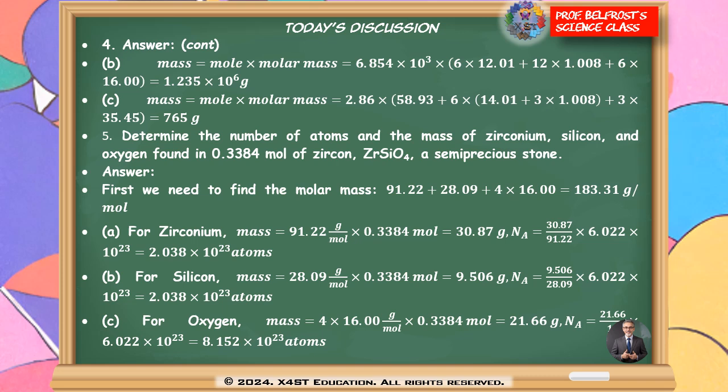That's the mass of the 4 oxygen atoms, so you need to be very careful. But the number of atoms remains the same. It's the same way: mole divided by the molar mass times Avogadro's number.